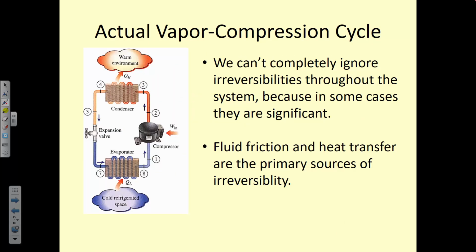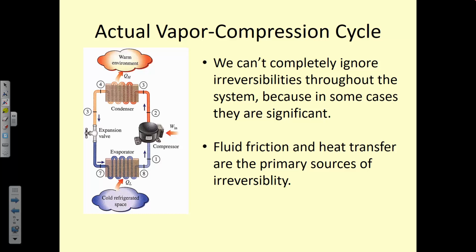Okay, so actual vapor compression cycles, of course, differ from the idealized case. You'll never ever see an actual situation that is as good in real life as it is on paper. So we can't completely ignore the irreversibilities.